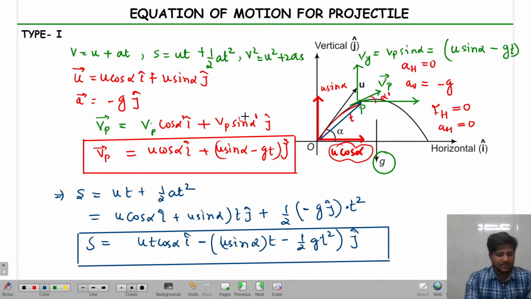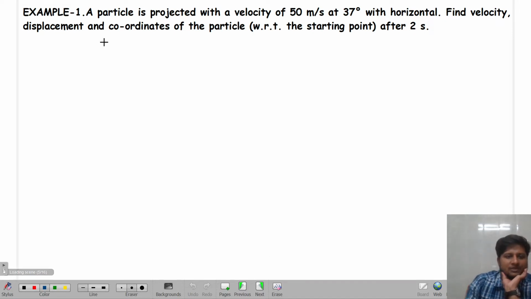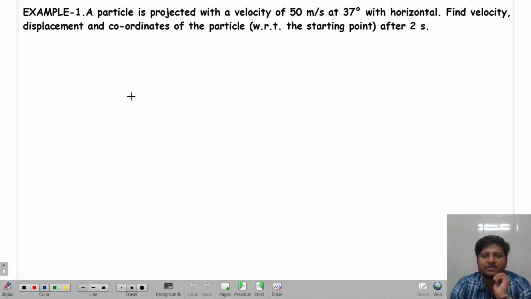Now based upon this, as we are aware of the displacement now, we'll try to do some problems based upon this. So let us take example one. A particle is projected with velocity of 50 meter per second at 37 degree with the horizontal. Find the velocity, displacement and the coordinates of the particle with respect to the starting point after 2 seconds. Can you do it?